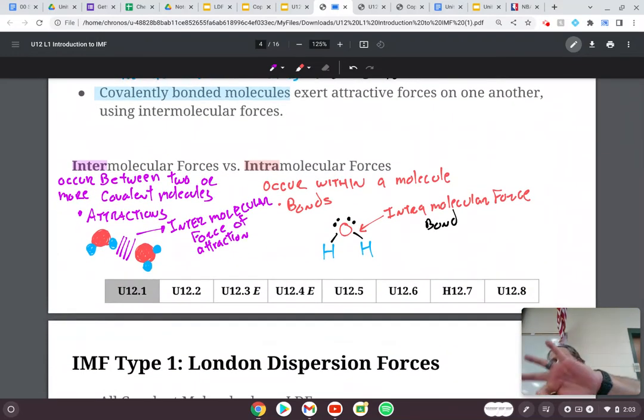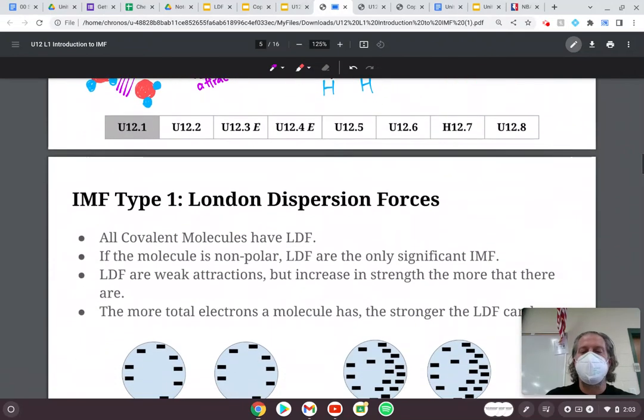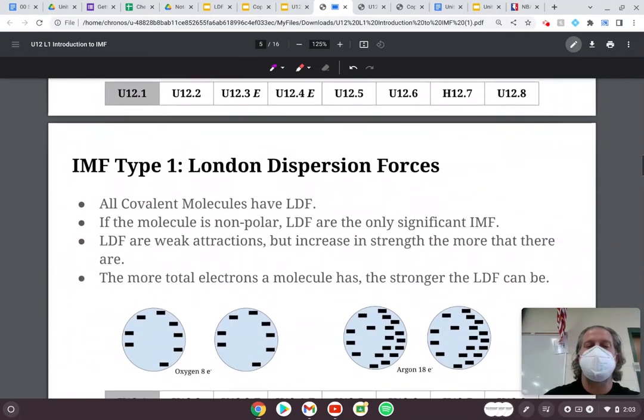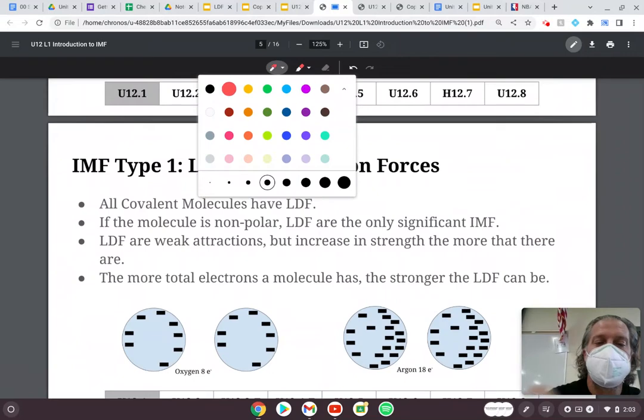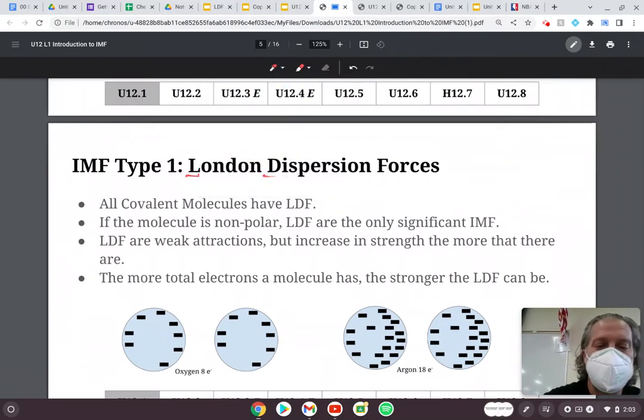Now, there are 3 types of intermolecular forces of attraction that you need to be responsible for understanding. The first one is something that we call the London dispersion force, which can be shortened to LDF.